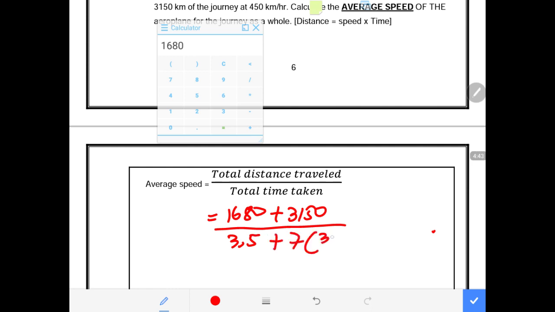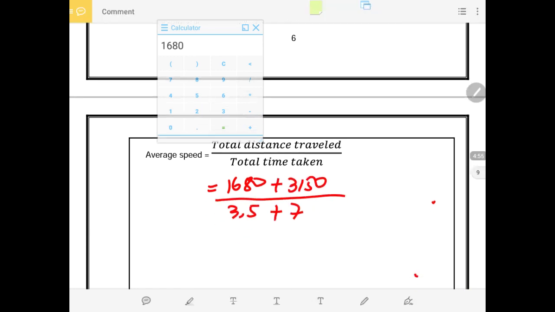The 7 hours was 3,150 divided by 450, as you have seen. Please show your calculations somewhere else. I just want to keep this working as neat as possible.